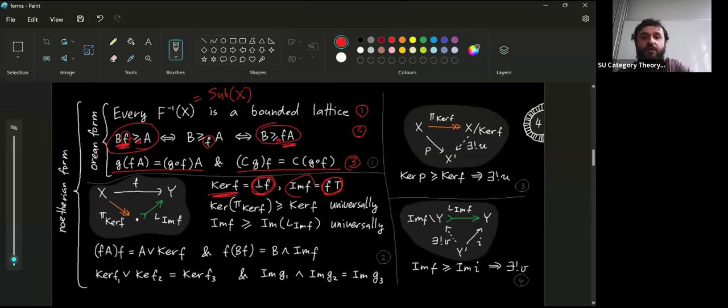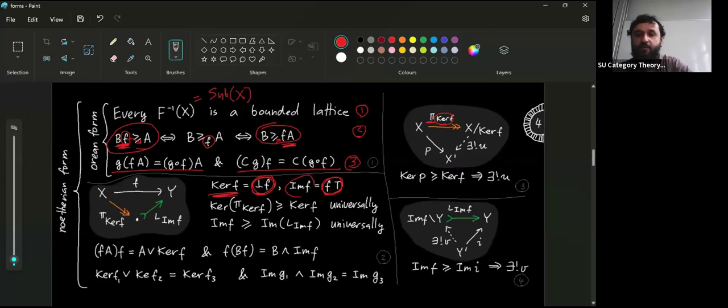How do you turn a kernel into a morphism? So it's displayed in area 3 here. So imagine I've got a kernel of F, okay? I want a morphism pi that kills the kernel. That means that it maps the kernel into the bottom subobject here by direct image. But I might as well just drop that condition.